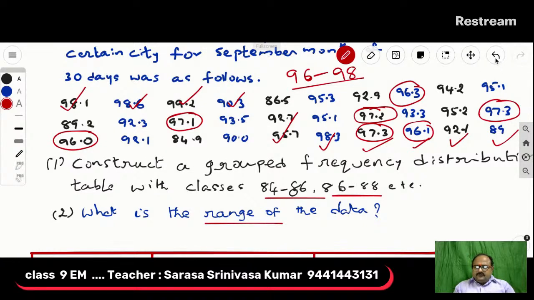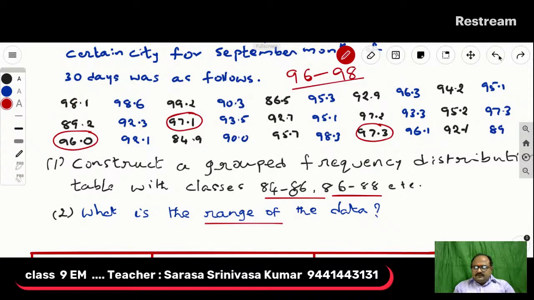So what you have to observe is I am counting two times. First count and second count to cross check.